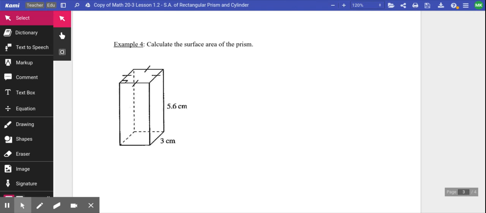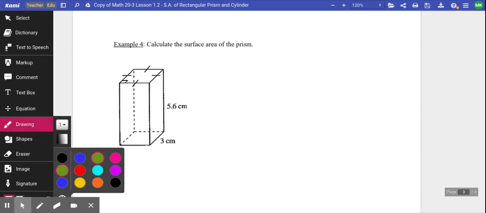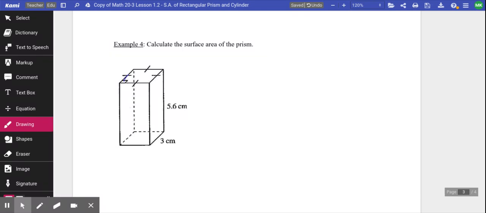So if you look at this, you'll notice that we have the top, the bottom, the front, the back, the left, the right. Because the top has all these little lines, that means all those are the same. So the top and the bottom are actually squares. So that is a square, and that is a square.